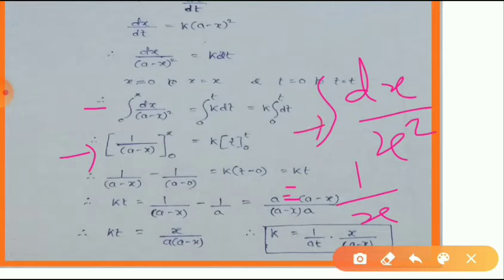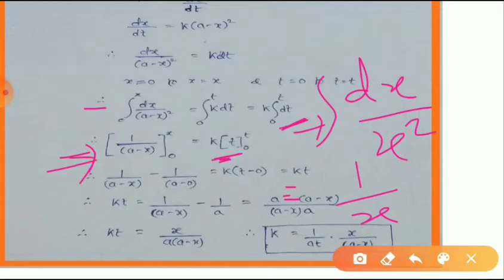In the same way we get k times the integration of dt, which is a small portion dt. If I add these small portions, we get the capital T, so k into t within the limit 0 to t. Now we have to put in the values of the upper limit and lower limit.